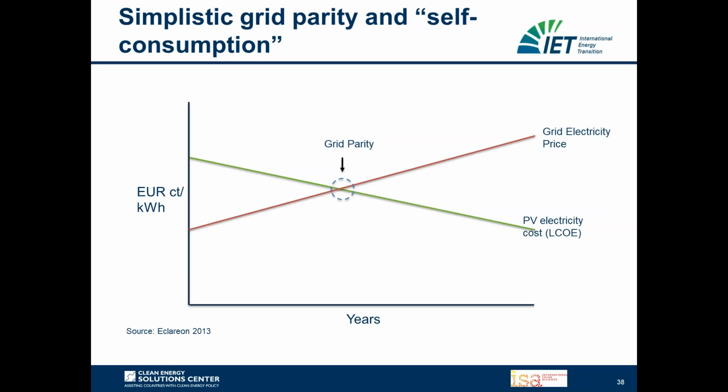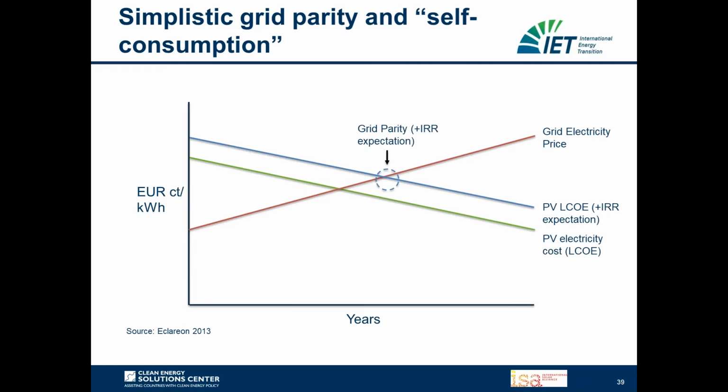We also need to take into consideration that an investor, even a household or a smaller-scale commercial entity, does not only want to reach investment parity, but also wants to make a certain profit. They have a certain IRR expectation, and therefore investment normally does not happen just when you reach grid parity, but maybe a couple of months or a couple of years later, when you already have a considerable difference between the LCOE of solar PV on your rooftop and the retail electricity price.